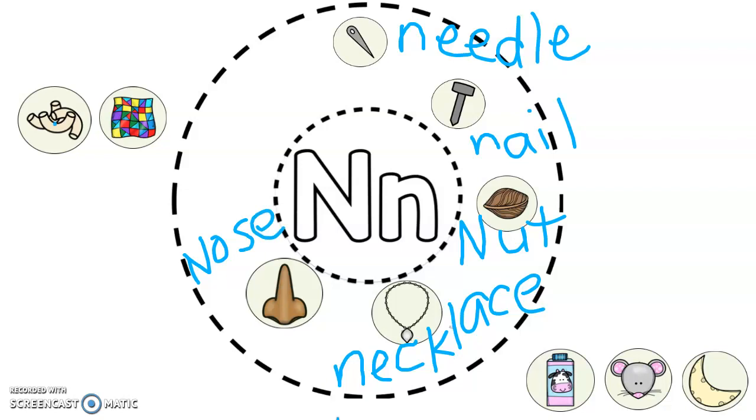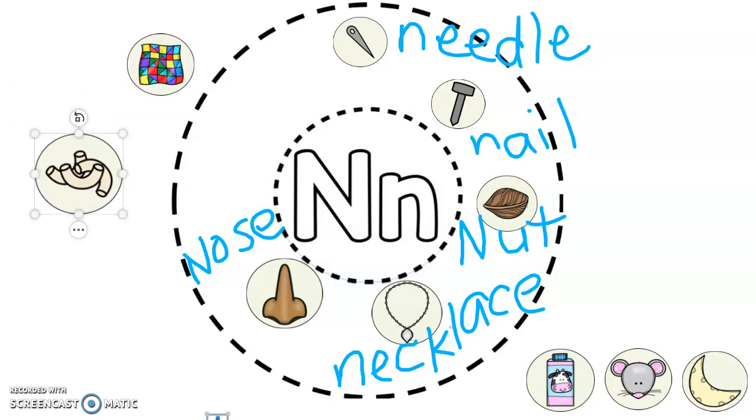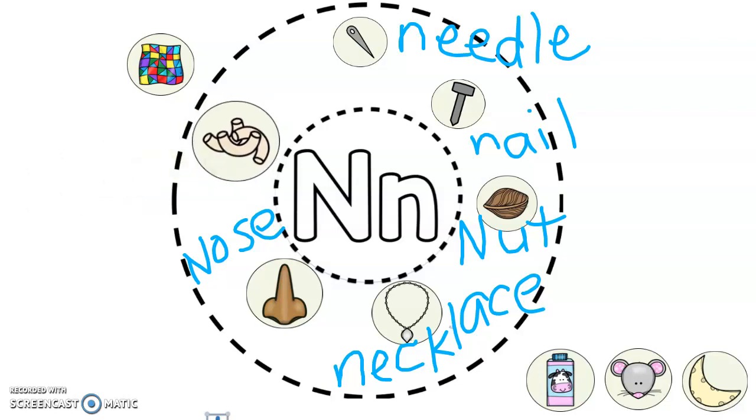Alright, this next picture I have is noodles. They look like macaroni, but we're going to call them noodles. Noodles. Do noodles start with N? Yes or no? Yes. Let's move noodles into our circle map. What sound?